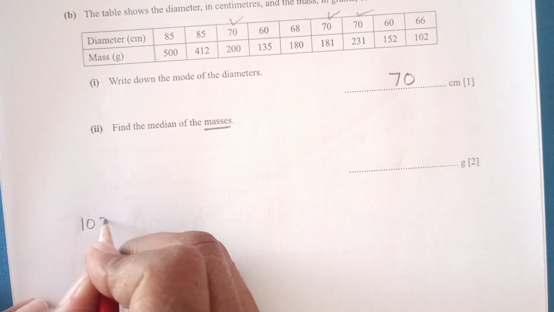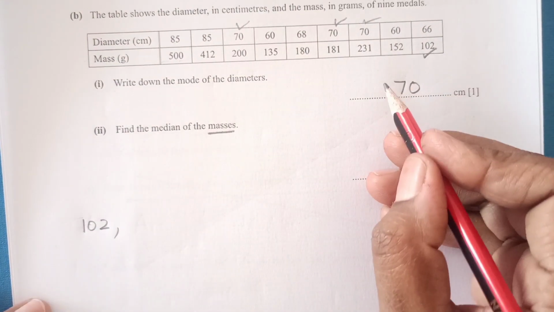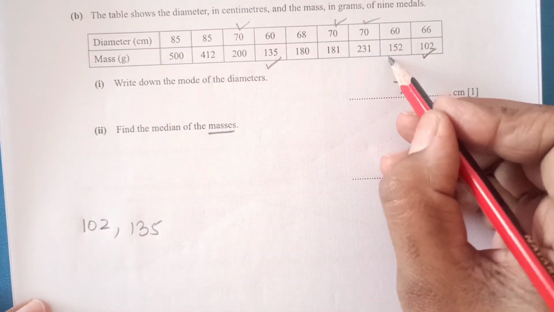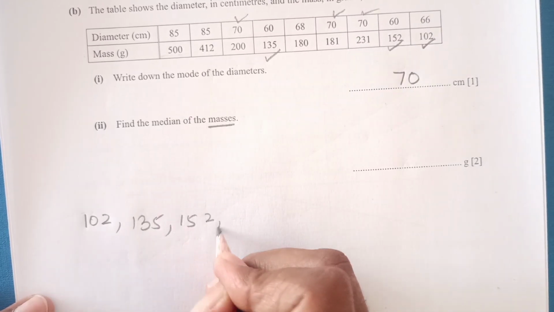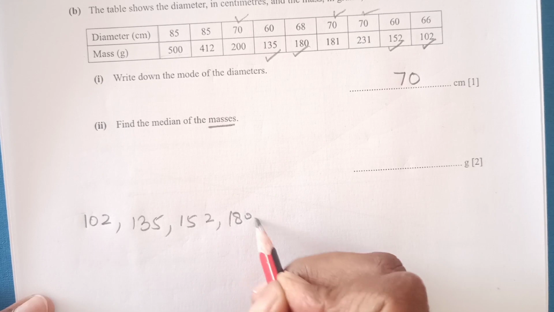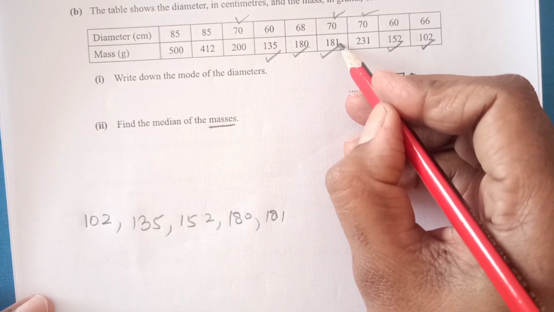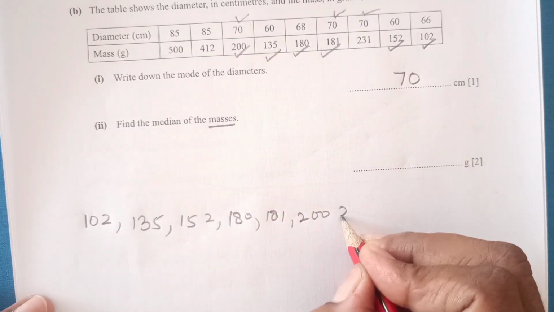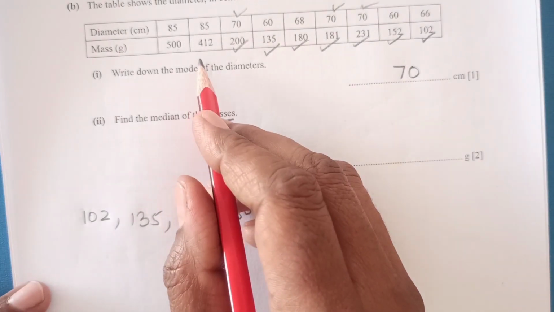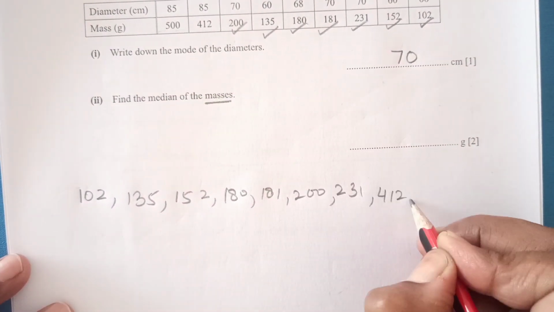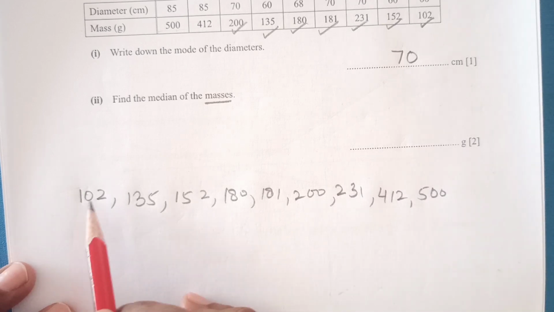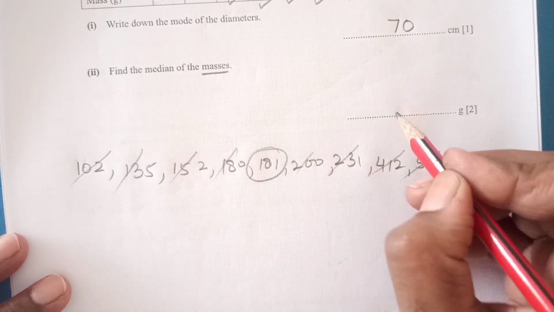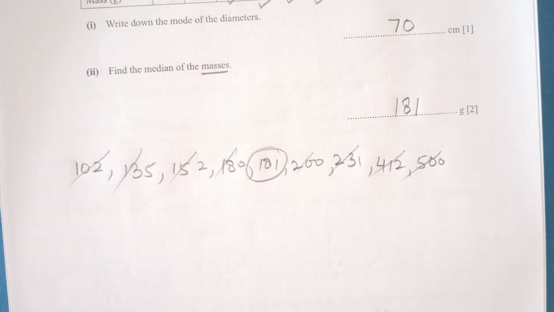So I'm writing here, first one is 102, then 135, 152, then 180, 181, after that we have 200, and then 231, then 412 and 500. We are going to have the middle value, so just strike them off like this. So we have 181. So the final answer is 181, right?